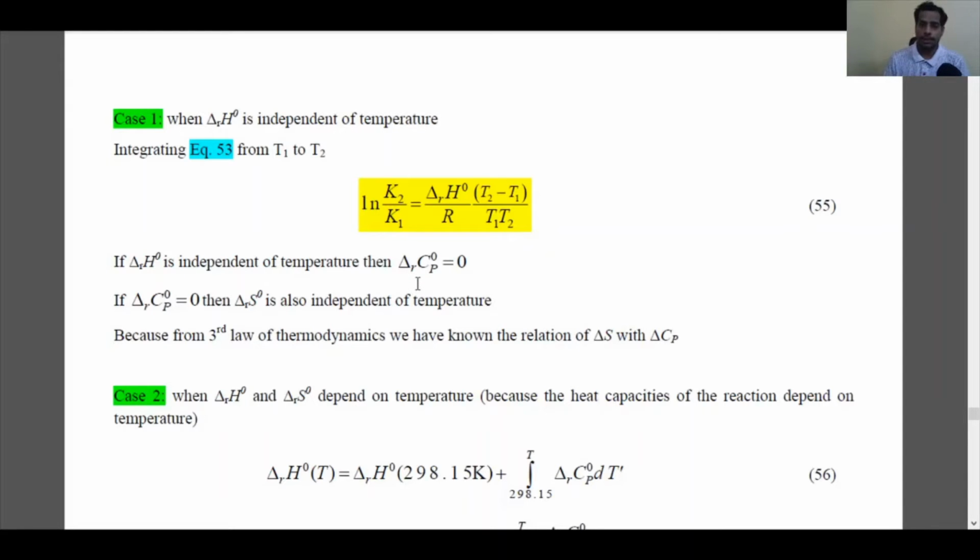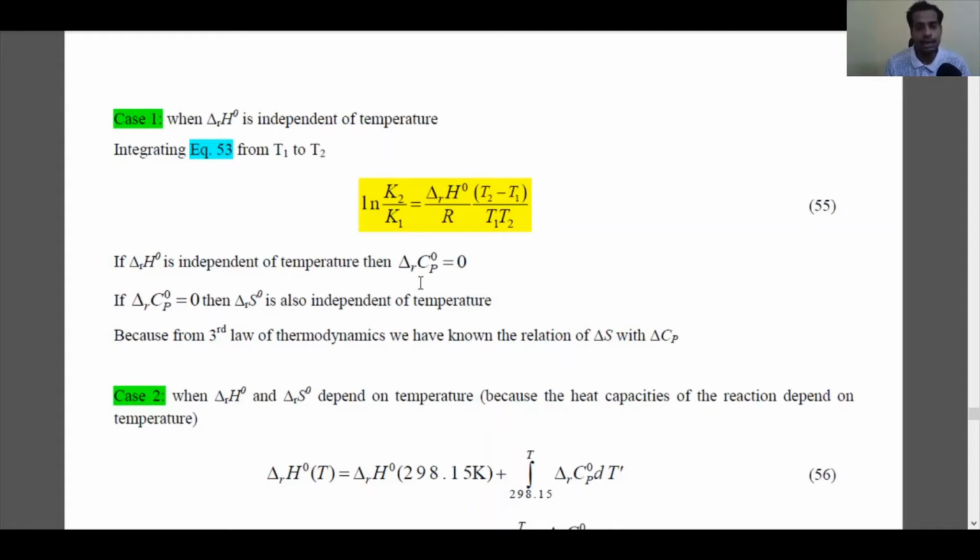reaction heat capacity at constant pressure at standard state will also be 0, because from thermodynamics we know that dH is equal to Cp dT. So if the reaction enthalpy is independent of temperature, then the reaction heat capacity at constant pressure will also be equal to 0.